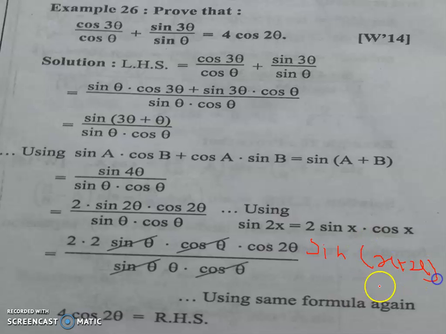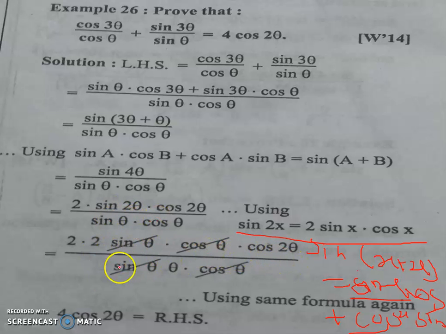Same term we derive, that is obviously sin x into cos x plus cos x into sin x. Okay. So 2 times the same term, that's why we write sin 2x is equal to 2 sin x into cos x. So instead of sin 2 theta we put 2 sin theta into cos theta. Cos 2 theta remains the same.